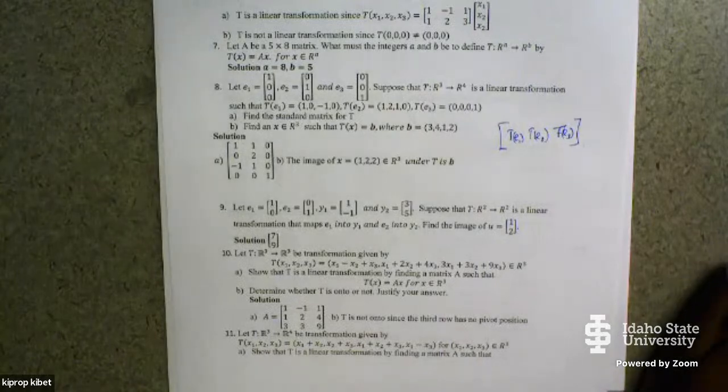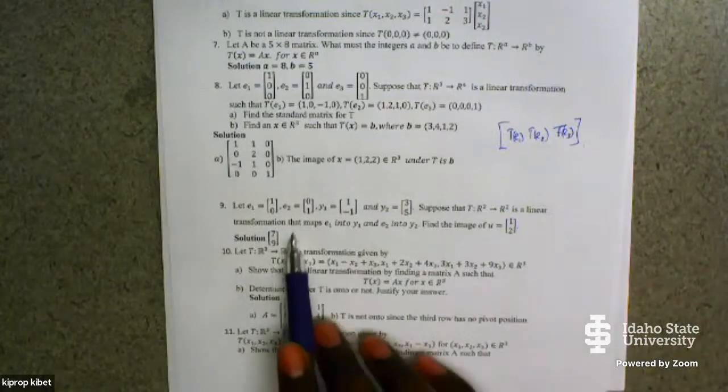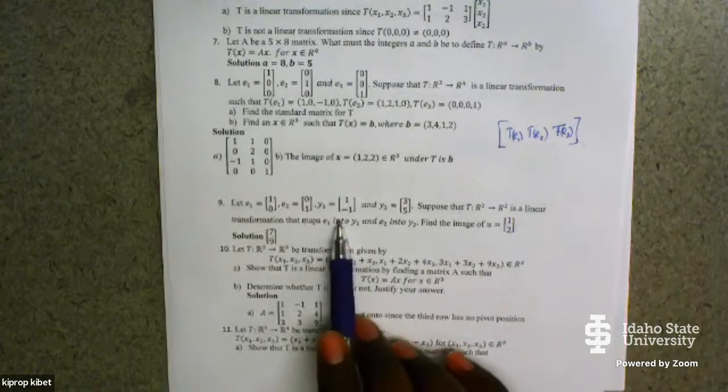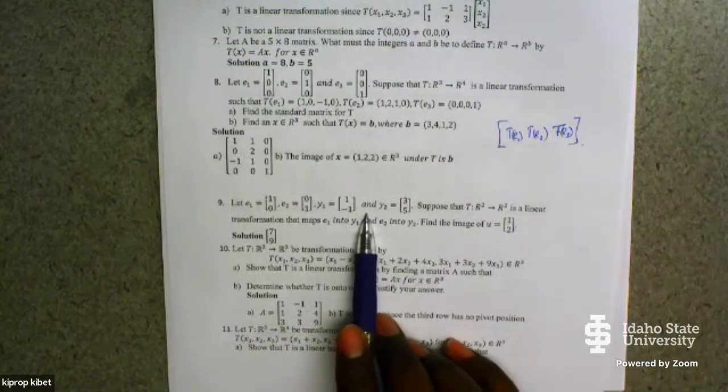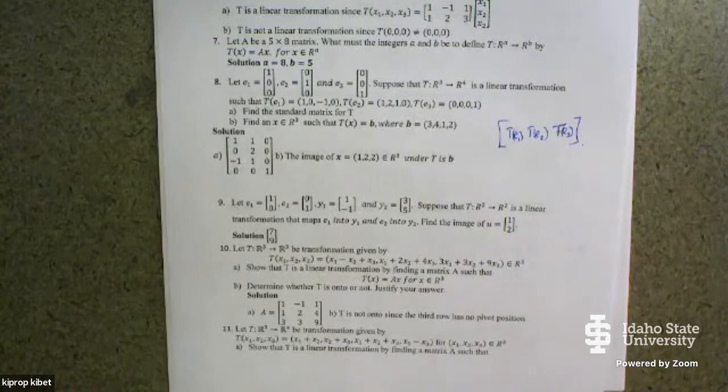Number 9, we did an example which is similar to that in section 2. Is it 2.9? Yeah, actually in section 2.9 we have a similar example like this. So go look at that.